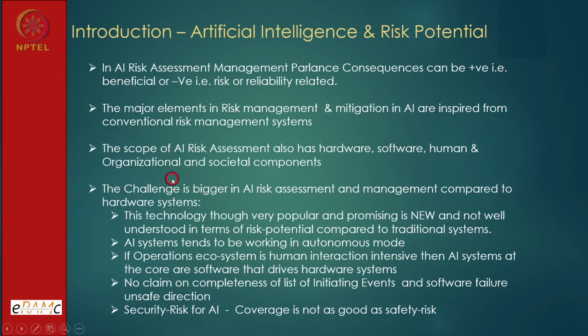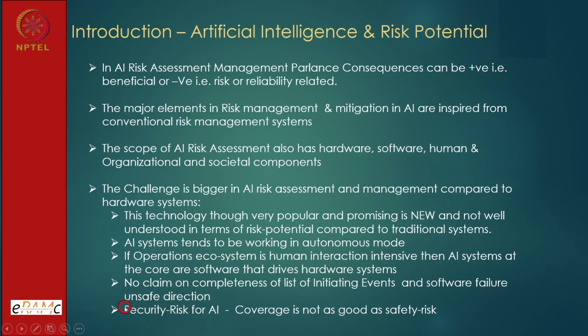The challenges I am pointing out here: the technology though has new promise, and on top of that any new technology has its own modes of failure. So one has to be very careful when we use these systems, especially in risk critical areas. Anomaly and all, precursor monitoring, can provide some structured approach.